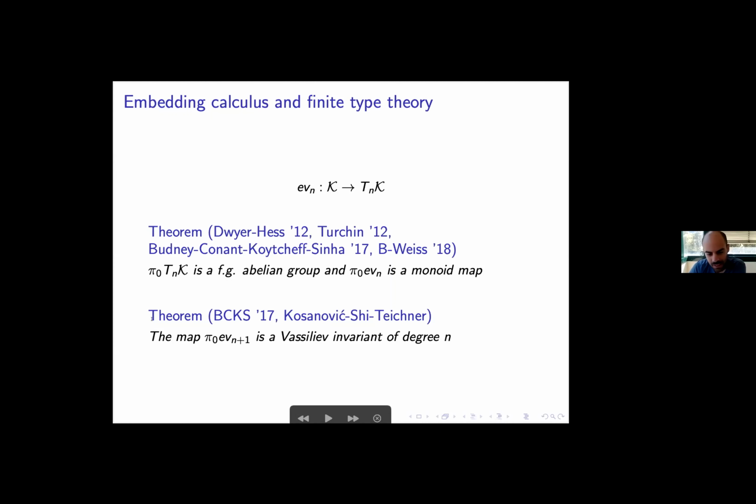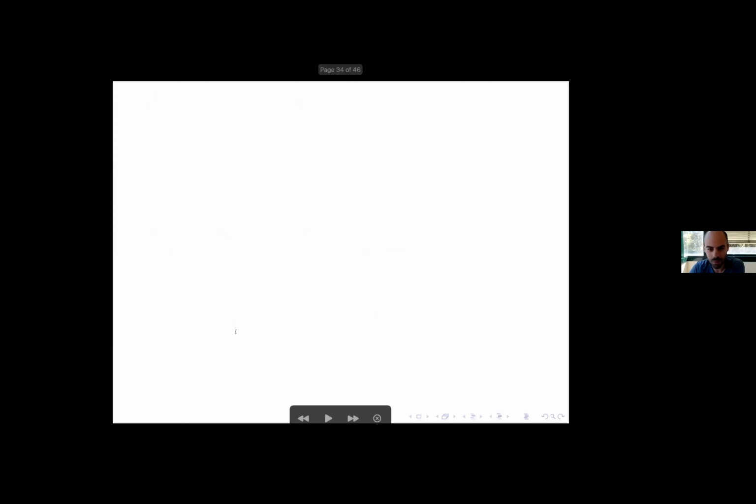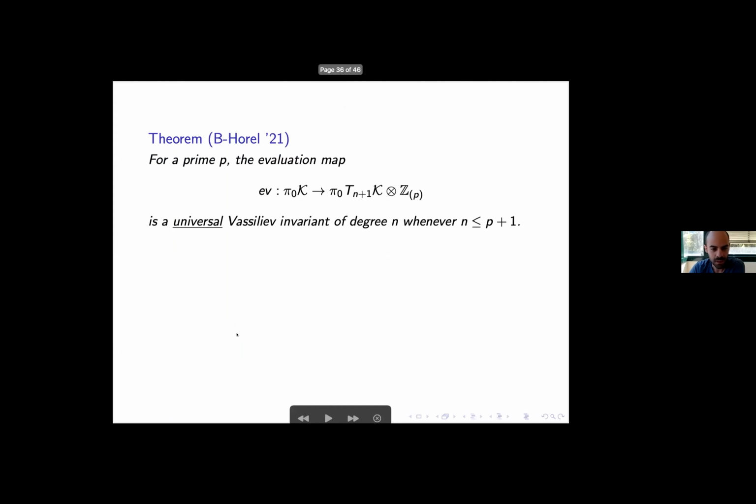So the conjecture is then, well, maybe the embedding calculus, so maybe this map is universal over the integers. So we cannot really quite show this, but what we can show is the following. If you fix a prime p, you can just tensor this finitely generated abelian group with the p local integers.